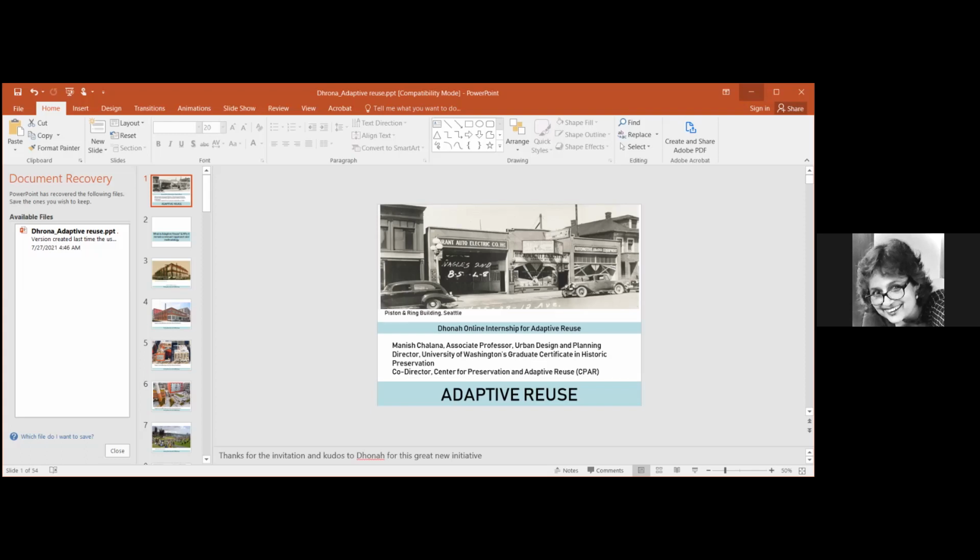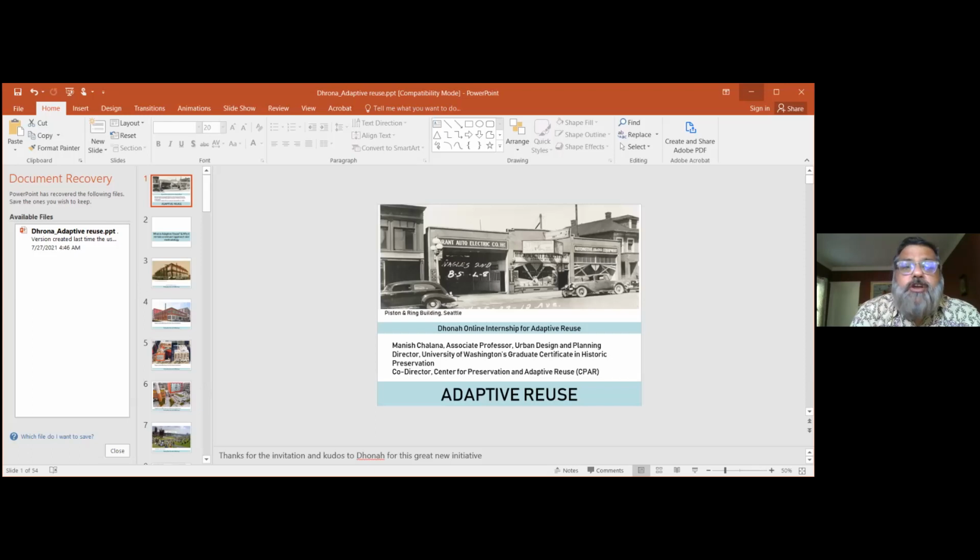I'm drawing a lot from the US context, so I'll share with you how that was mobilized in the US. When the Historic Preservation Act was passed in 1966, which is recognized as the National Historic Preservation Act, one of the provisions in that act was tax credits, right?